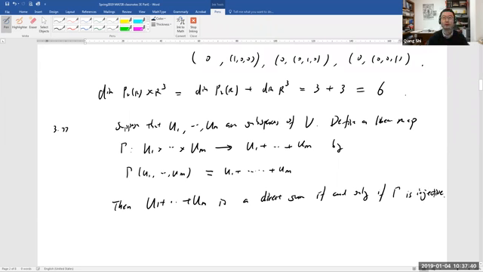Remember, injective means a linear map is one-to-one. Different inputs go to different outputs. Or the same way to say that is if you have the same output, then the inputs must be the same.